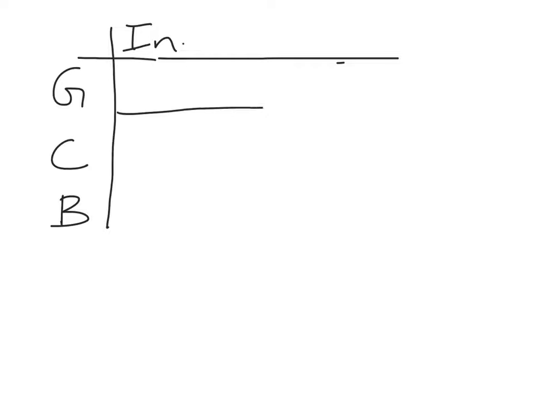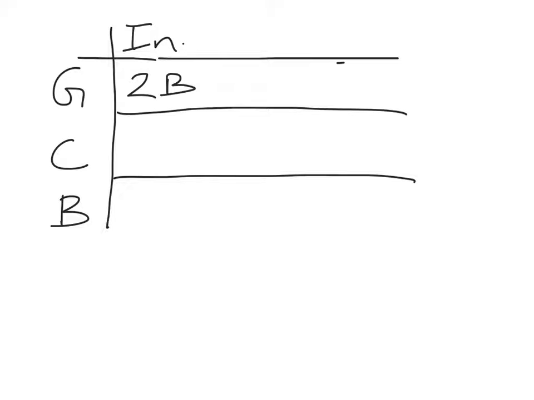So the first thing we're going to do is try to get relationships. It says that George's page contains twice as many words as Bill's page. I'm going to write that in there. And then it says Bill's page contains 50 fewer words than Charlie's page.